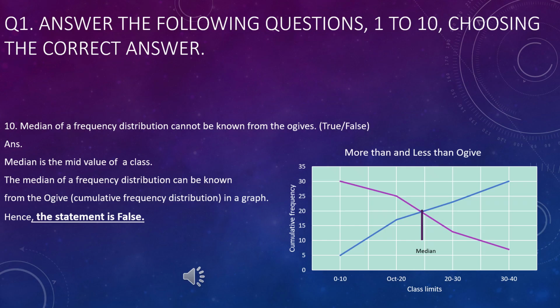So we find that in the graph here, the more than and the less than ogive, the point where they intersect is known as the median. So the statement will be false. That means the statement that the median of a frequency distribution cannot be known from the ogive is false. Rather, we know that the median of a frequency distribution can be known from the ogive. So the statement is false.